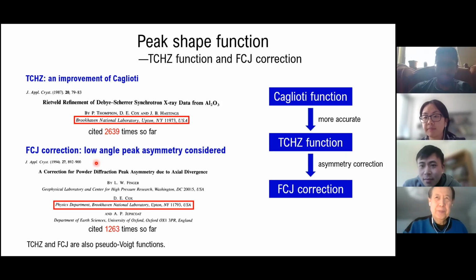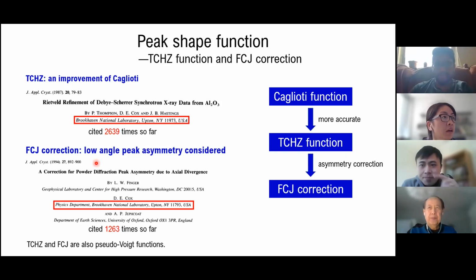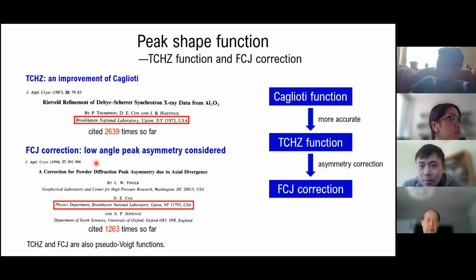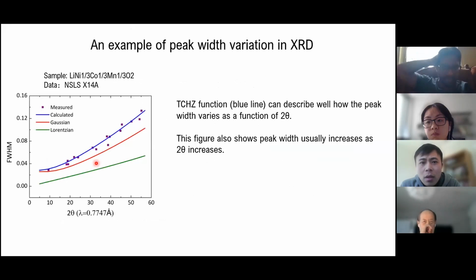I have a question, if we have time. Could you please go to the slide that has the example of peak width variation? This one? The plot that you showed. I'm just trying to understand the measured peak intensities. The calculated peak shows that the full width at half maximum is actually bigger than either the Gaussian or Lorentzian.